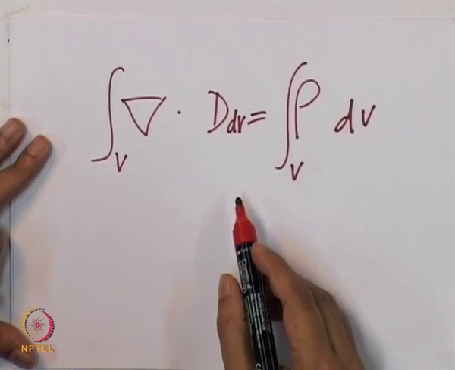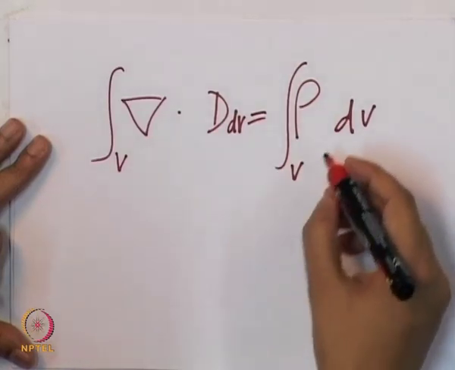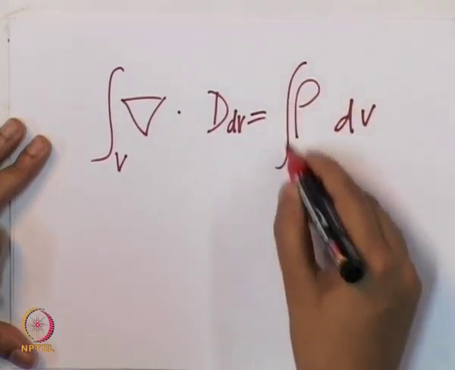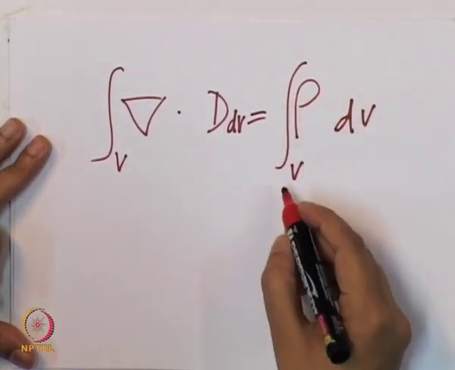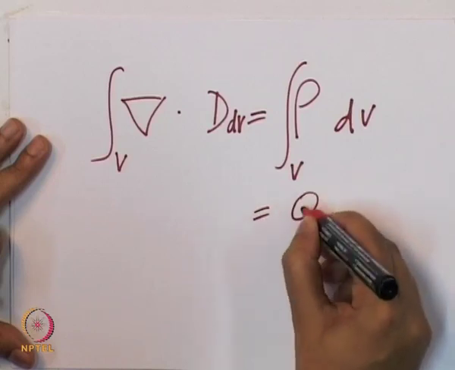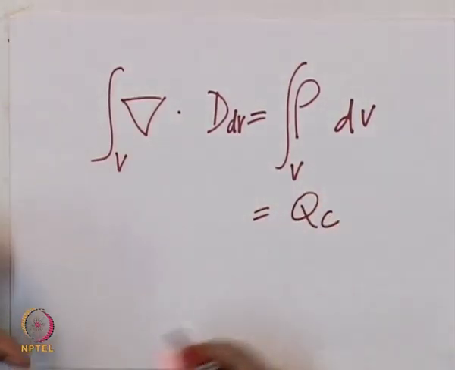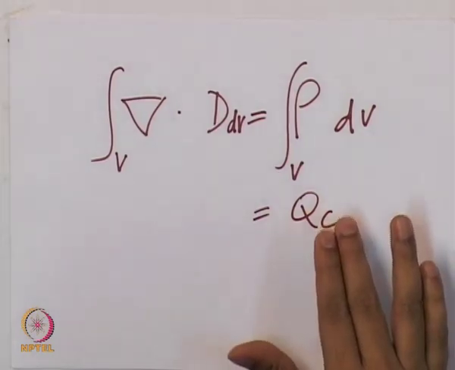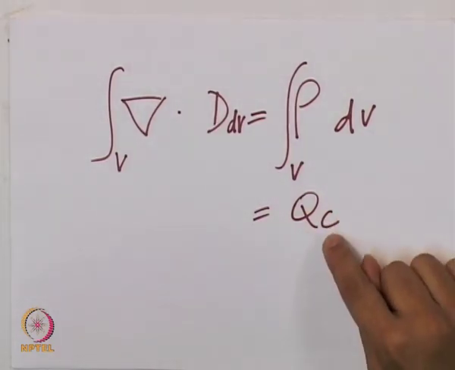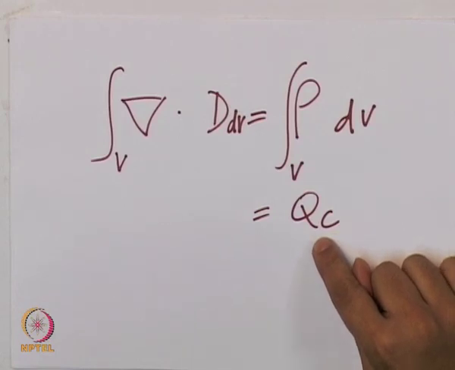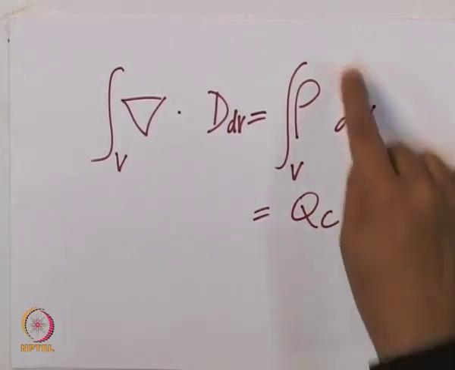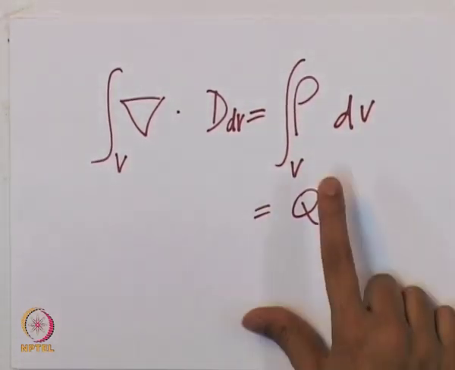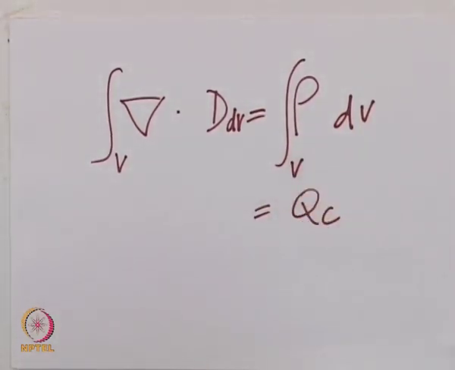By doing this, I know from the previous case that the integral of rho dV is nothing but the charge content. This is what we did in the first modules on algebraic topology. This is the definition of the charge content, which is the integral of rho dV. So Q_C and rho and dV are related to this side.